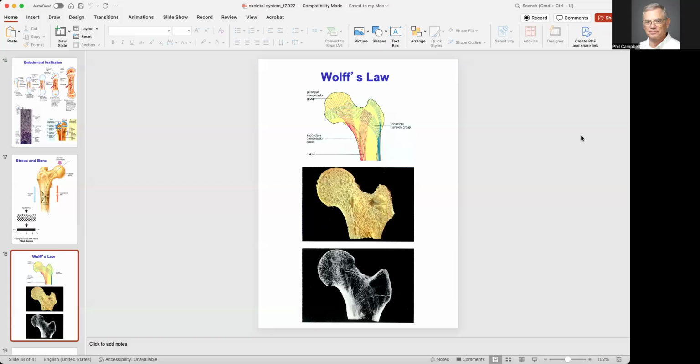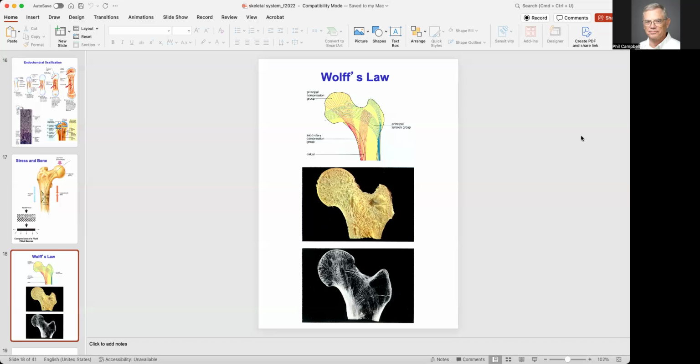And they reflect the predicted stresses that these bones will encounter. So basically, that means that the bone has remodeled in order to resist these stress forces being applied, because that's what it's designed to do.